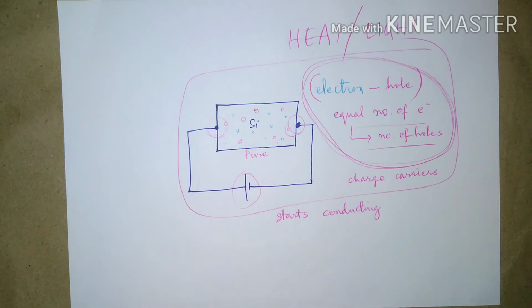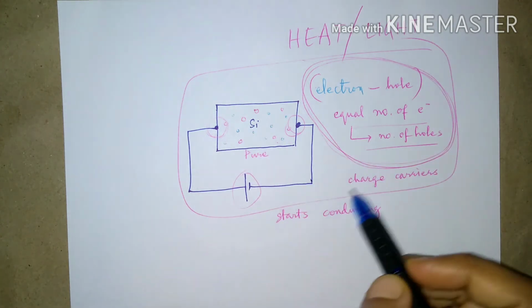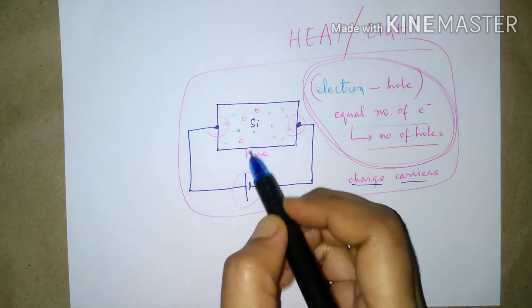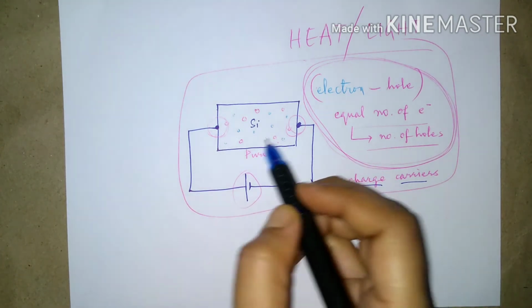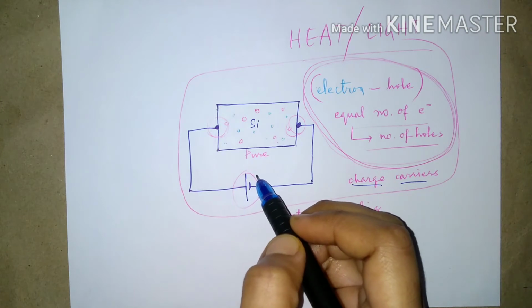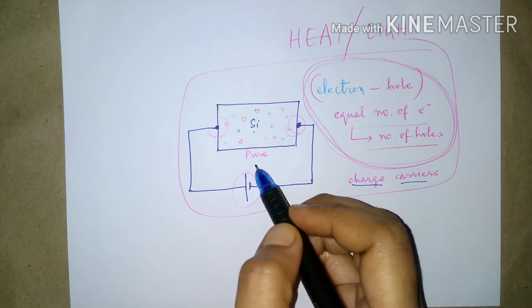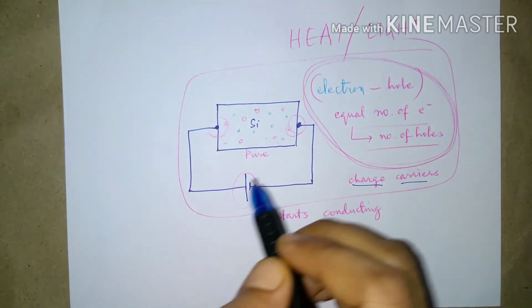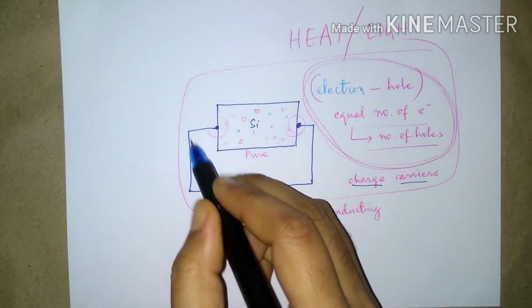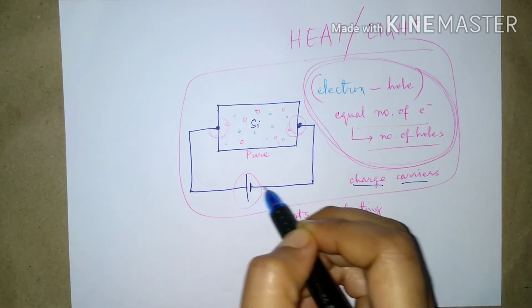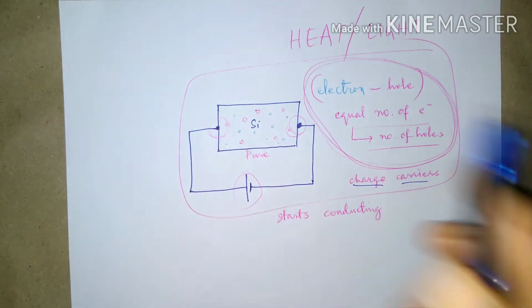Now once this concept is clear, that charge carriers are getting created inside this piece of pure silicon, we should understand how these electrons carry on the movement, so that current happens. Here we know that this is a conductor, and in a conductor there are free electrons freely available.